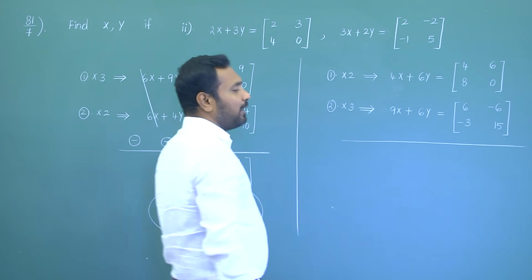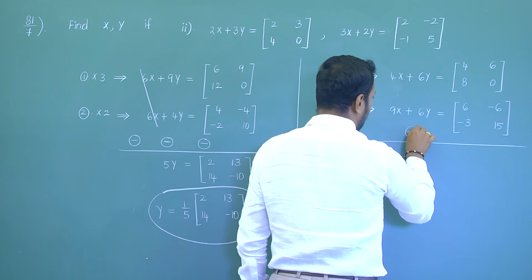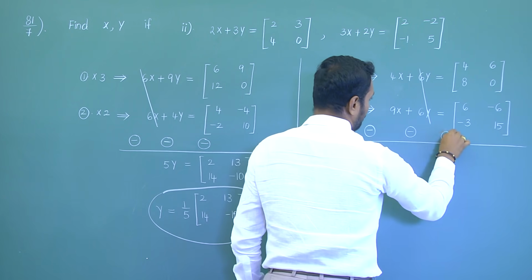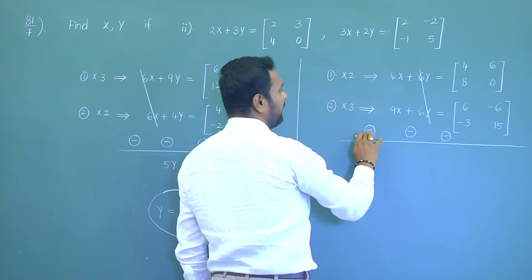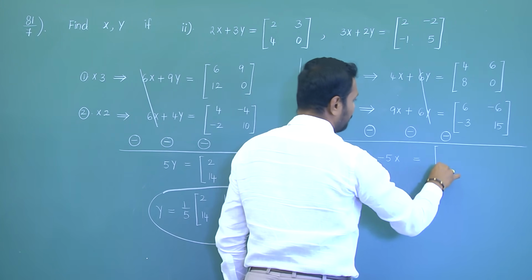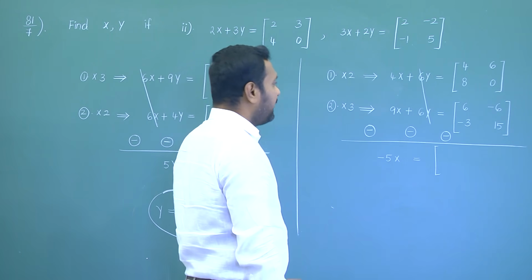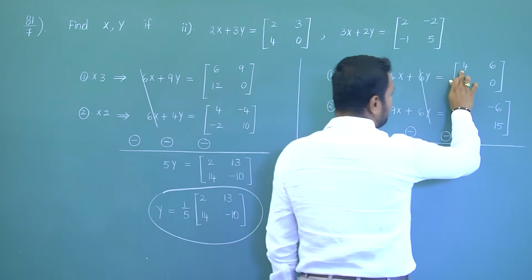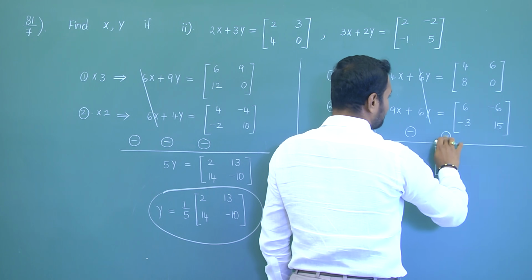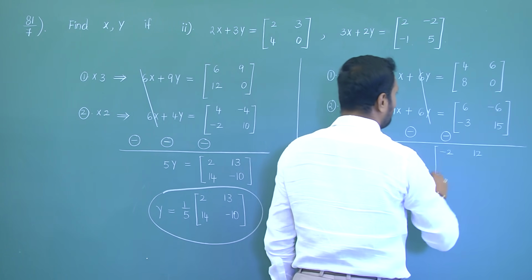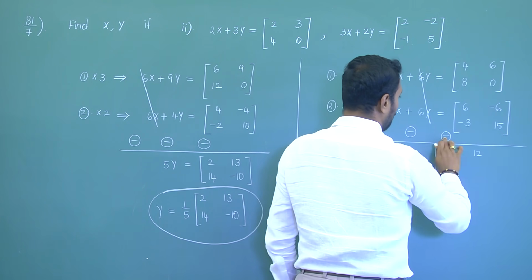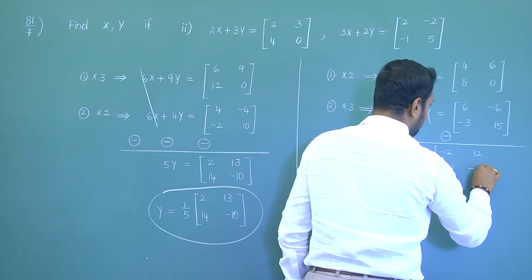Here, as the Y coefficients are the same, if you subtract, these two will be cancelled. Now 4 capital X minus 9 capital X minus 5 capital X equals, here also I am directly subtracting these two matrices. 4 minus 6 minus 2, 6 minus of minus 6, 12, 8 minus of minus 3, 11, 0 minus 15, it is minus 15.